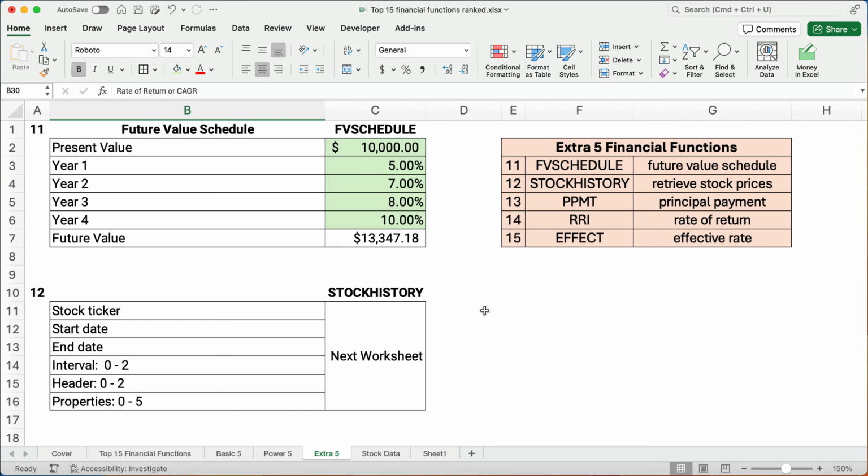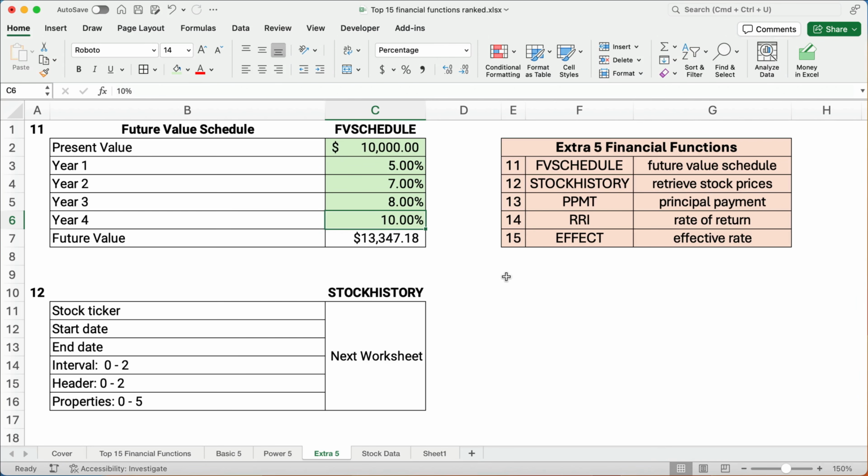And so future value schedule is our next one, number 11. So let's say we have future value, but in year 1, we can earn 5% and then 7% and then 8% and 10% over the next 4 years.